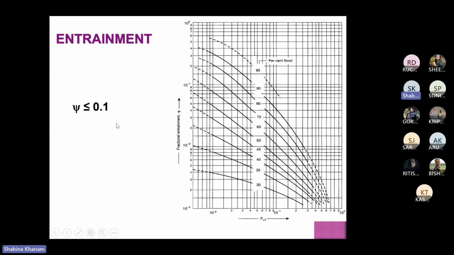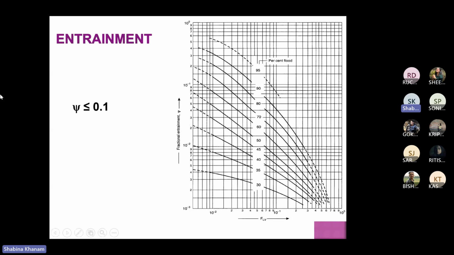However, that entrainment should always be less than 0.1, so it should not go beyond this. If your psi value, that is the fractional entrainment, is less than 0.1, that would be correct entrainment.